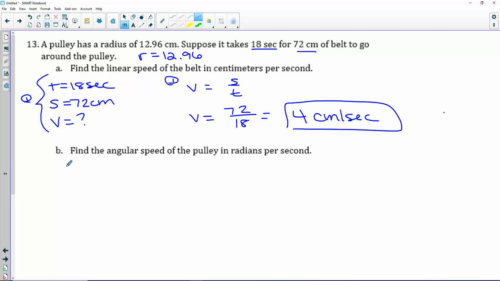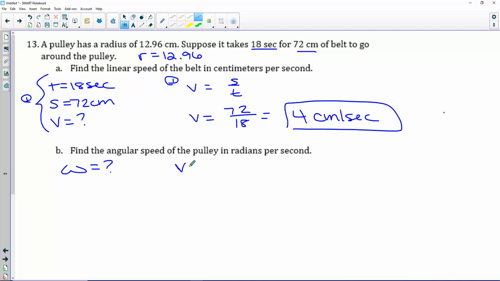So B, we want the angular speed. Angular is our omega. So what formula could we use for it? Theta over t, where you have to get theta. Right, so we can do theta over t if we want to find theta. Or we could do V equals R omega because we found V in part A. Either one will work. So do you guys have a preference? Okay.